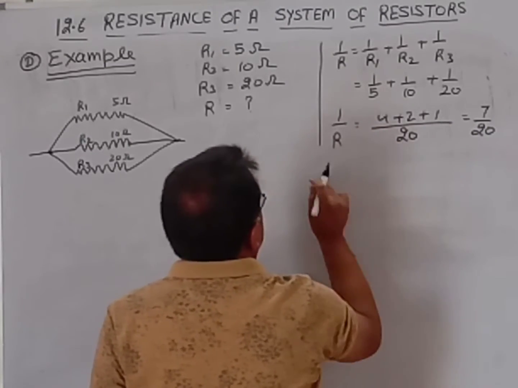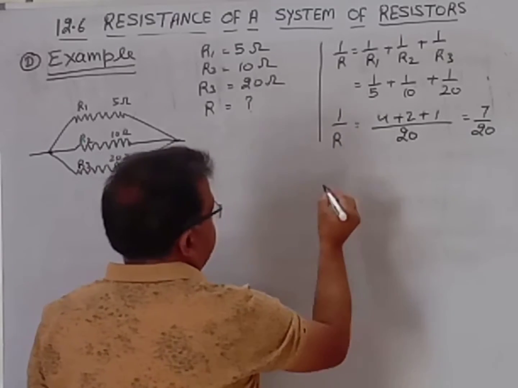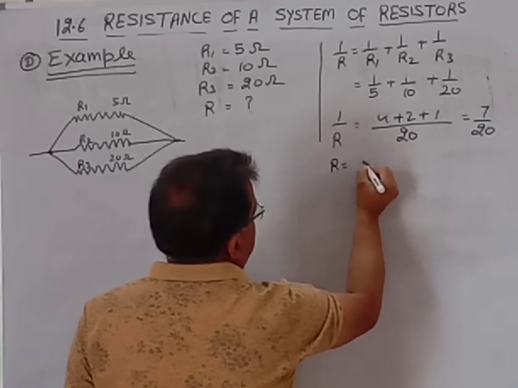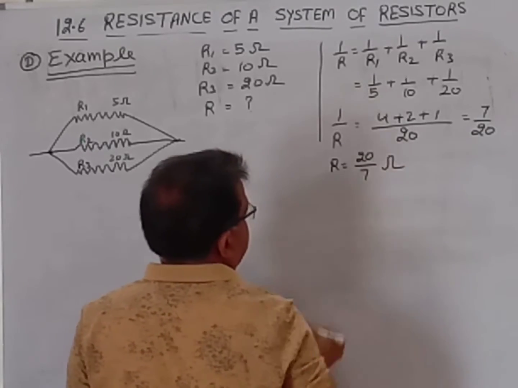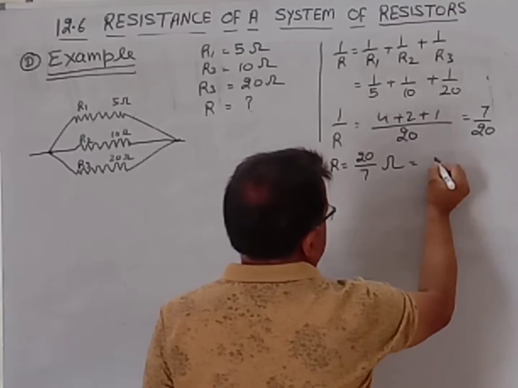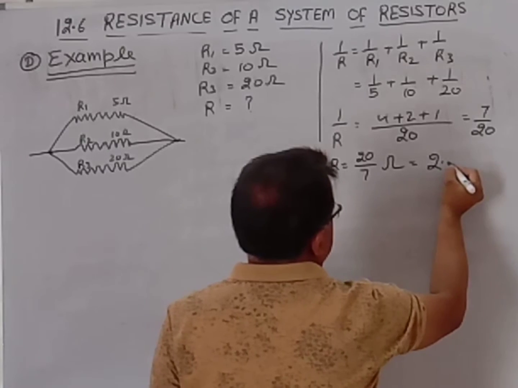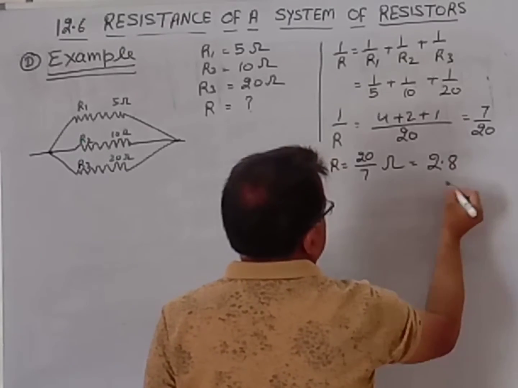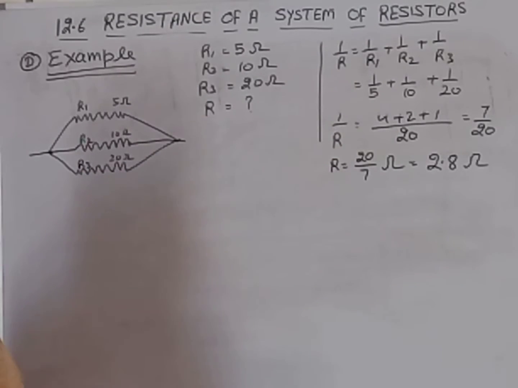Do not forget to write 1 by R. It is the value of 1 by R, not of R. R is equal to 20 by 7 ohm. Divide and you will get the value. 7 2s are 14, so about 2.86 ohm approximately. So this is how we calculate the equivalent or total resistance in parallel.